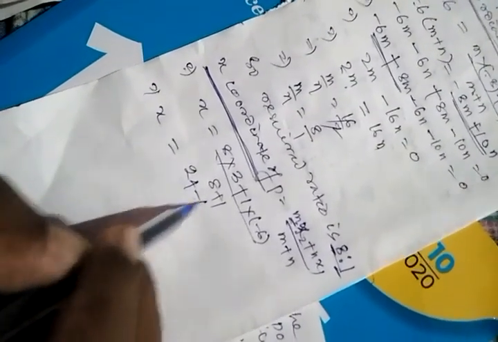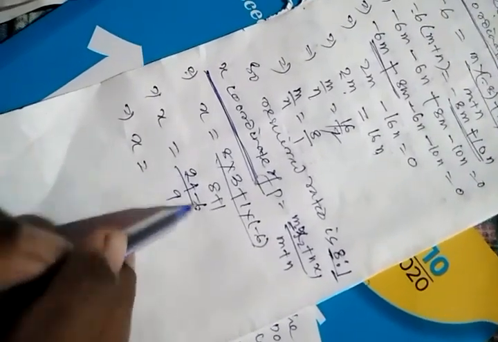So x is equal to 24 minus 6 by 9. So x is equal to 18 by 9. So x is equal to 2.